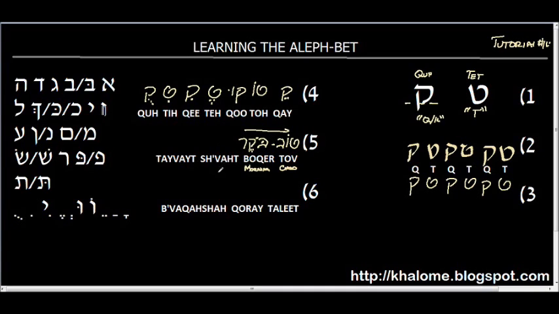Shvat is a month in Hebrew, the month of Shvat. Don't confuse this with Shabbat, like the Sabbath. The Shin will have a silent Shva, a Vet, Kamatz, and I believe this ends with a Tet.